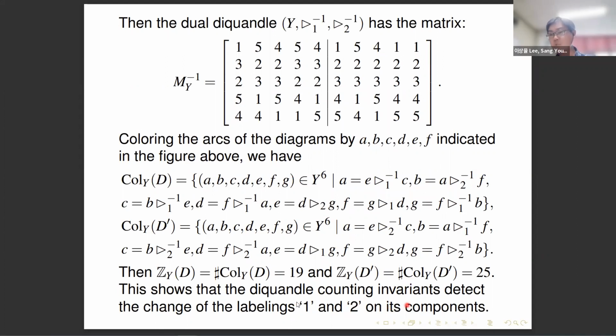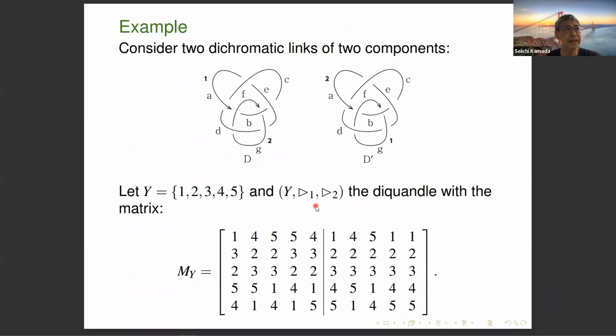If we change the component labels, then... But how about this? Consider a diquandle where the first operation is the order 3 dihedral quandle R3, and the second operation is the trivial quandle. Then we can distinguish D and D prime easily. Okay, yes, maybe possible.